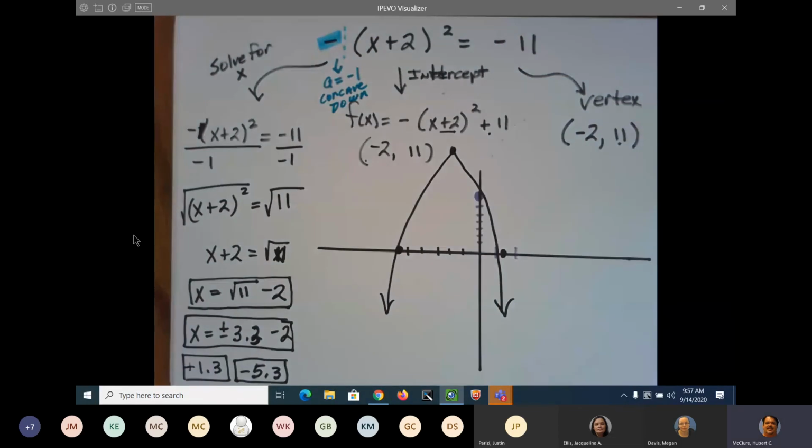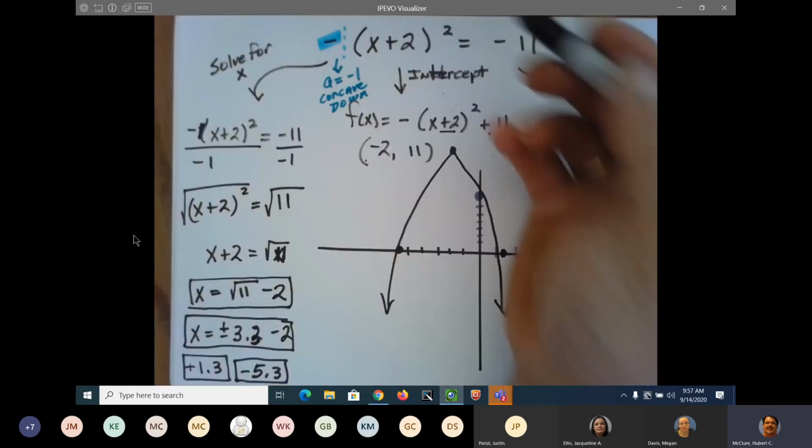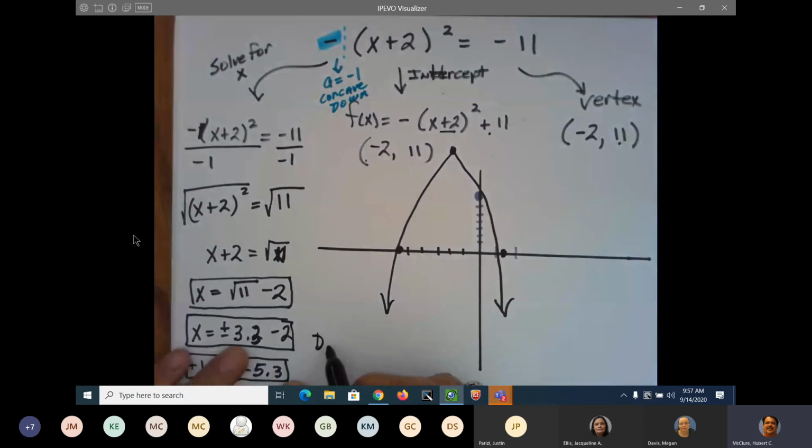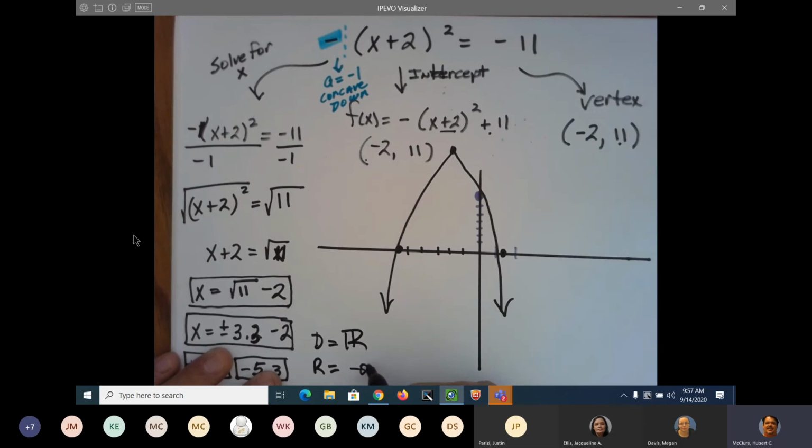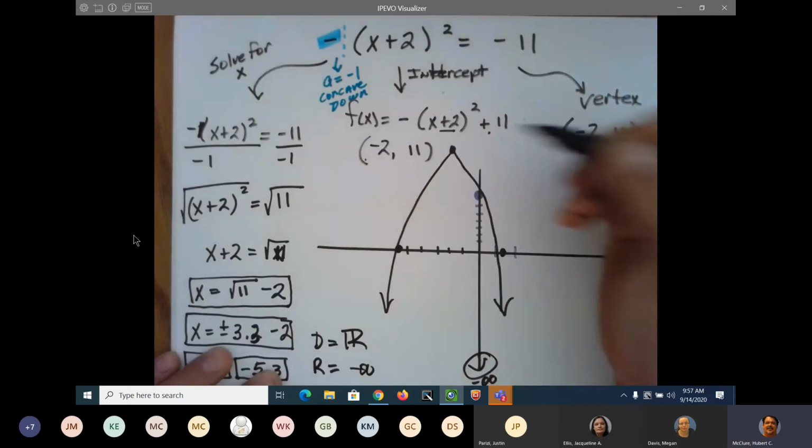So now, domain, all real numbers. I'm going to put domain, all real numbers, because it is a squared function. Range is equal to -infinity to 11.